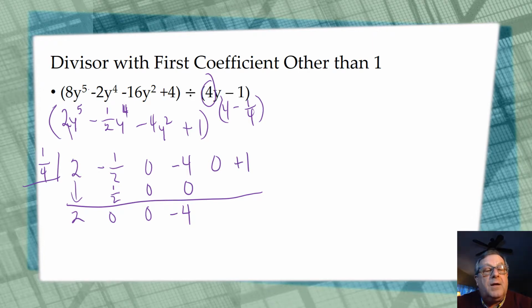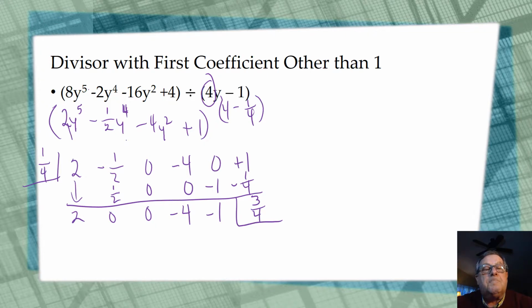And 1/4 times negative 4 is negative 1. And 0 plus negative 1 is negative 1. And 1/4 times negative 1 is negative 1/4. And 1 minus 1/4 is 3/4.